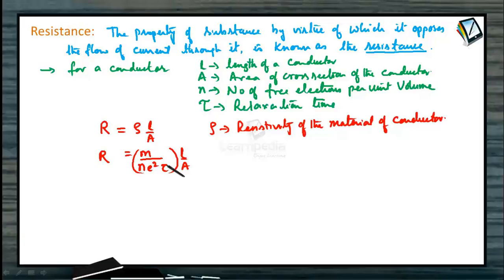So resistance will depend upon relaxation time tau, directly proportional to L, inversely proportional to area of cross section.